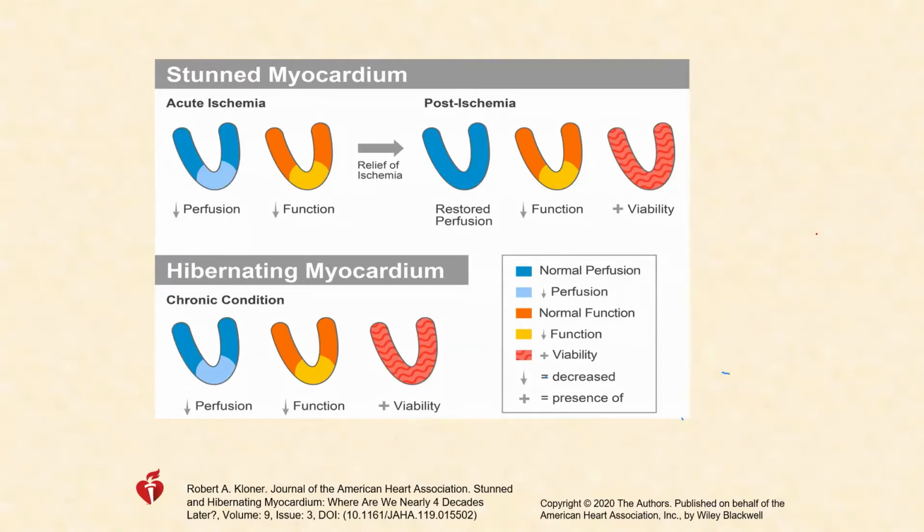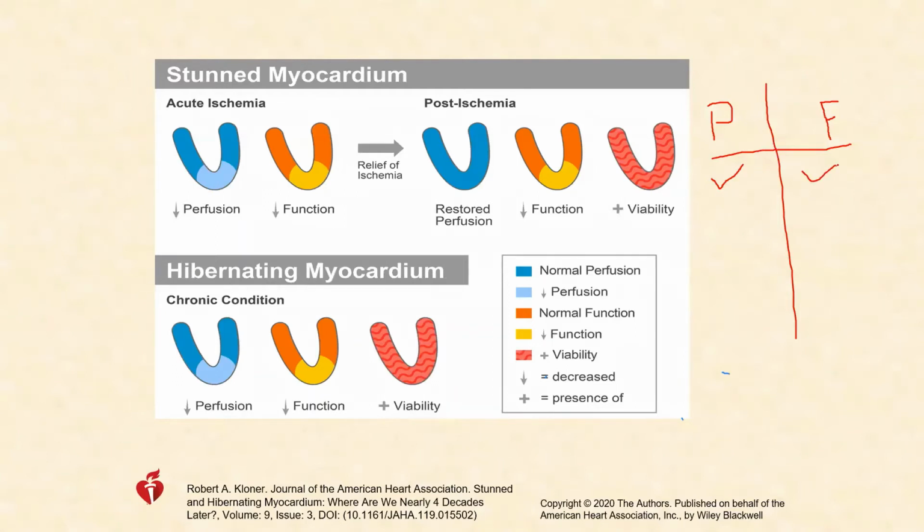Okay. I want to show you here. Let's put perfusion here and function here. By function, I mean contractile function. Let's take the probability of you have perfusion and you have function. This is normal physiology.